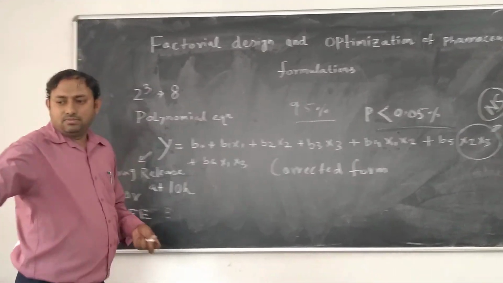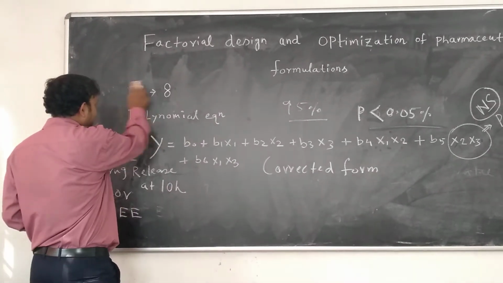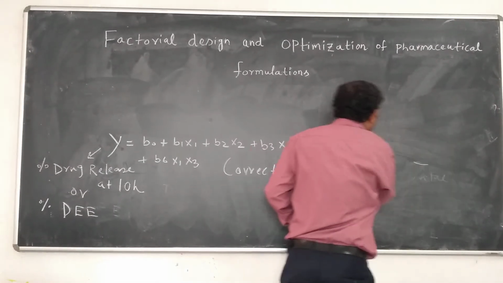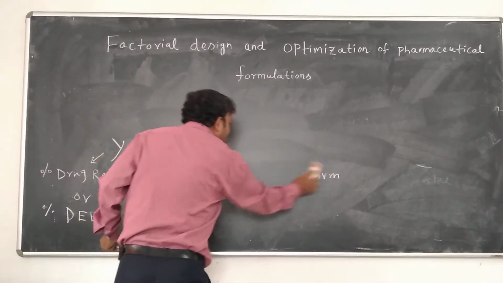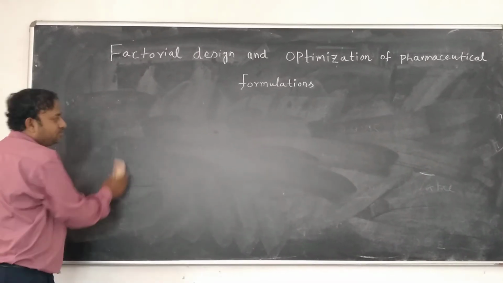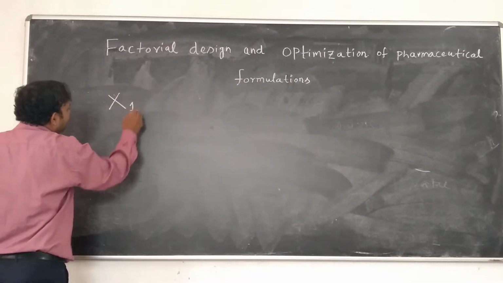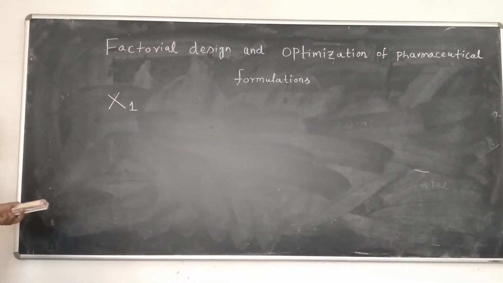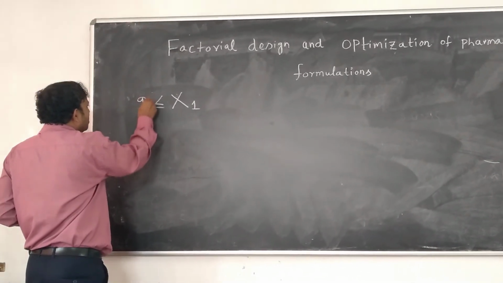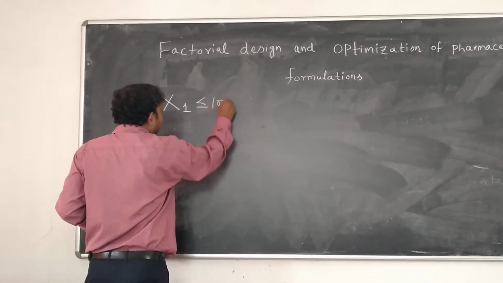After getting the corrected form of the polynomial equation, the software also gives several optimal formulas. As for example, take x1, a polymer, whose value is 90 to 100 mg.